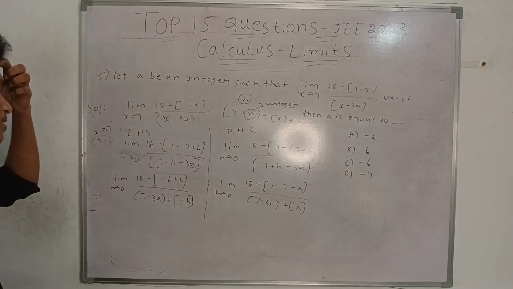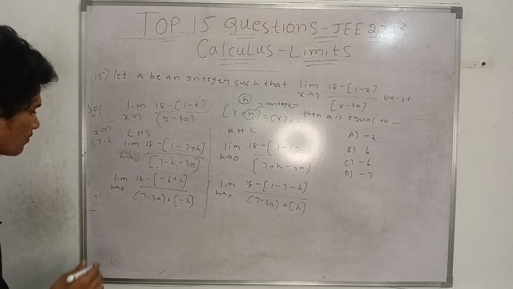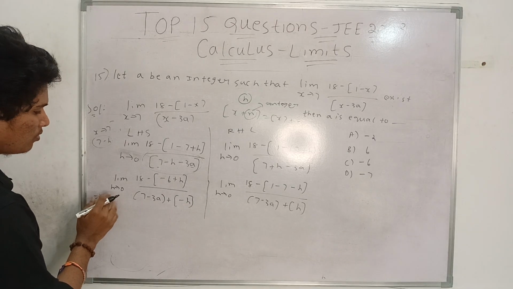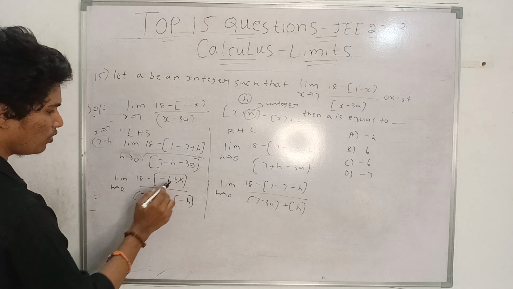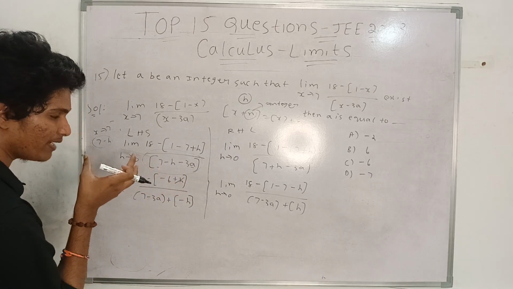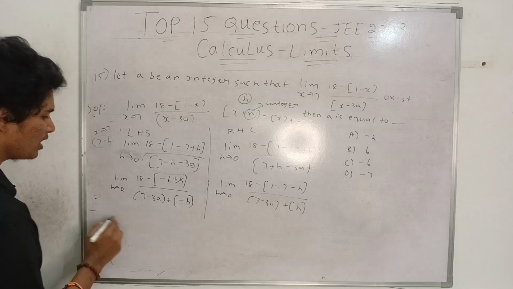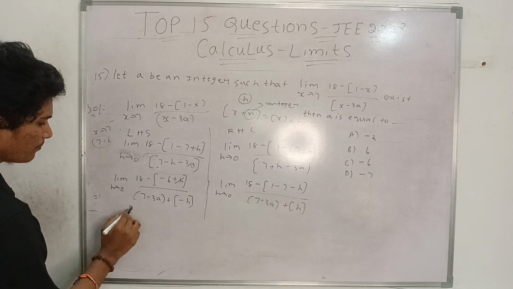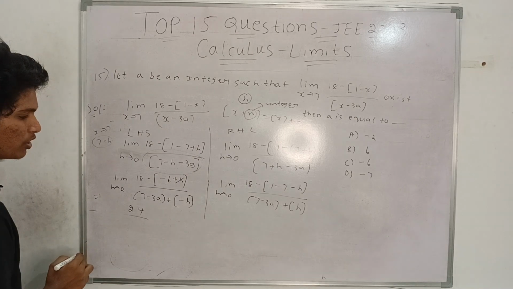And now when you observe carefully here, when h is tending to 0, what will it become? It is 0. What is the greatest integer part of minus 6? It is minus 6 only. So the upper part is 18 plus 6, that is 24.